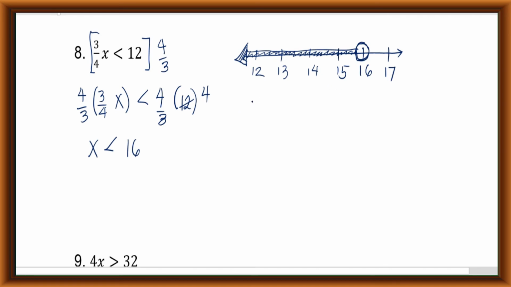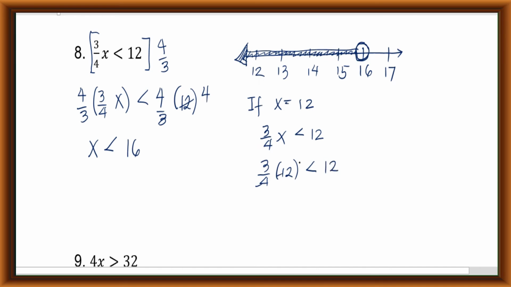Now, to check whether our answer is correct, say for instance, if we let x be equal to 12. So again, we have 3/4 x is less than 12. So 3/4 of 12, is it less than 12?